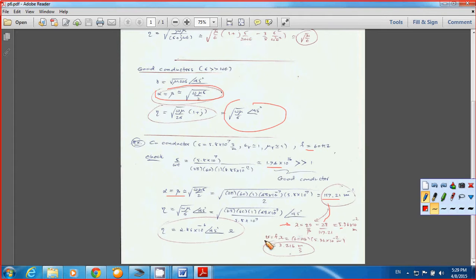When you know lambda, you can find the velocity of the wave in that media. Simply multiply lambda by frequency, and you know frequency already is 60 Hertz. This gives you v equal to 3.216 meter per second. It's a very small number compared to the speed of light, because this is in a conductor, and copper is a very good conductor.